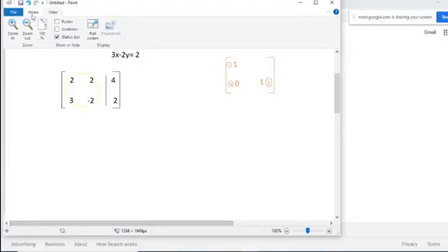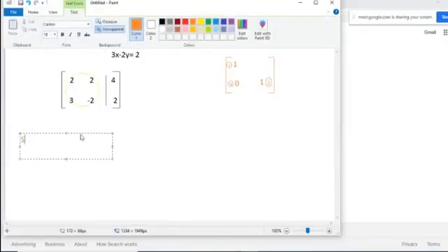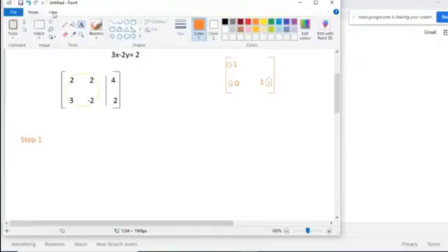Step 1. I'll try to write it here clearly. What should I do in step 1? This location should be 1, but it is 2.